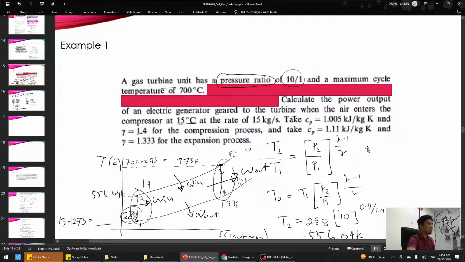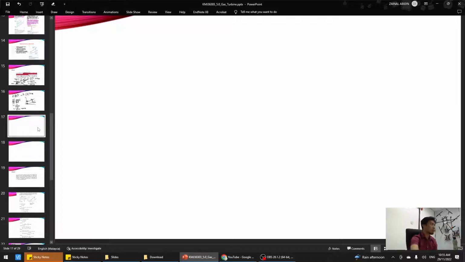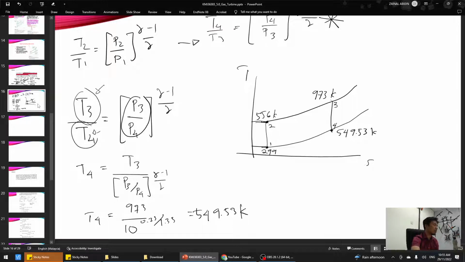To find the power output, the formula is power equals m dot, the mass flow rate, times work net. Actually work net is work out minus work in. So you have the graph, you have to continue to find work in.